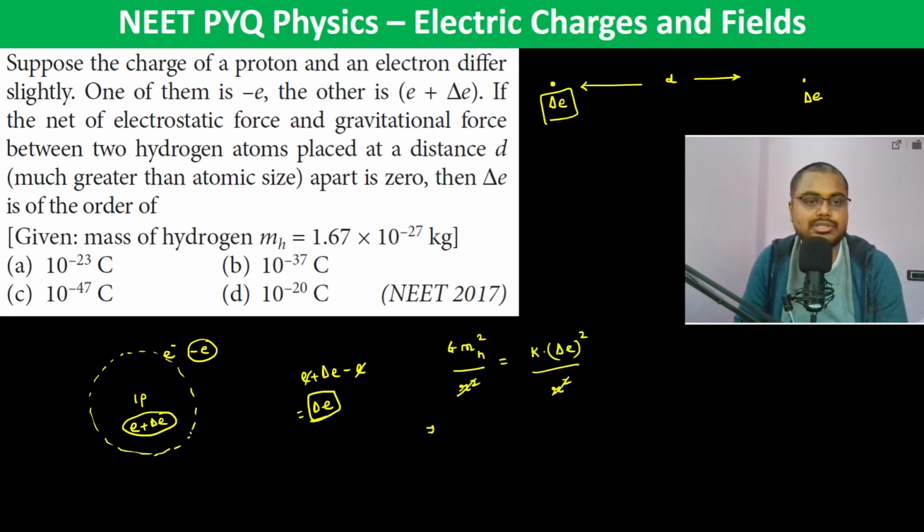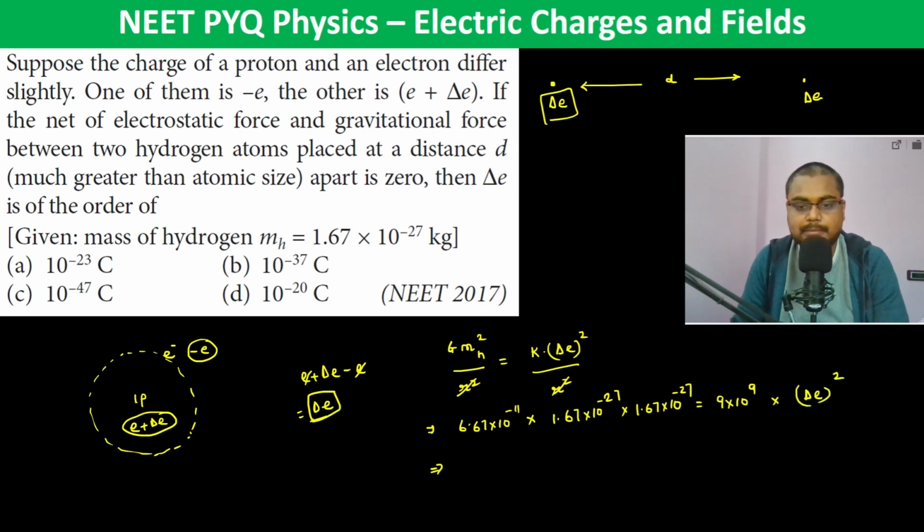Now G is 6.67 into 10 to the power minus 11. Mass of hydrogen is 1.67 into 10 to the power minus 27 into 1.67 into 10 to the power minus 27 should be equal to k. K is 9 into 10 to the power 9 into delta E whole square.